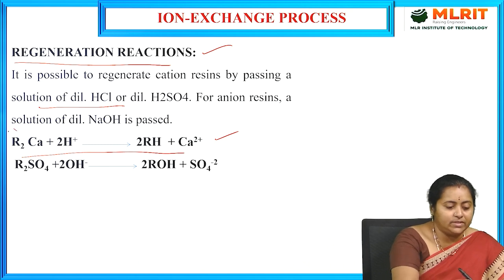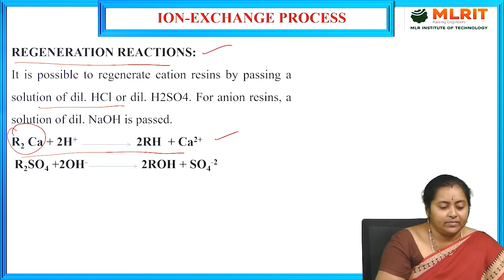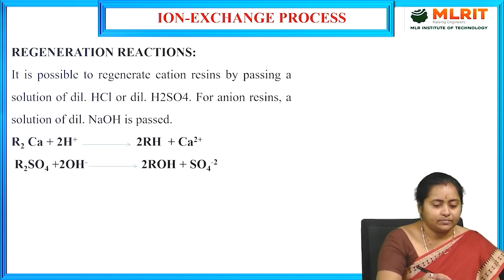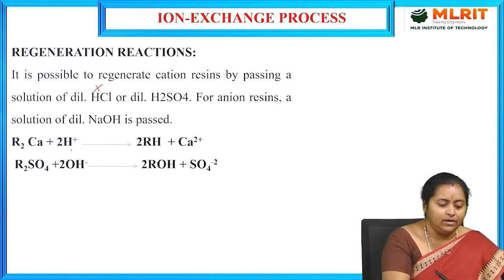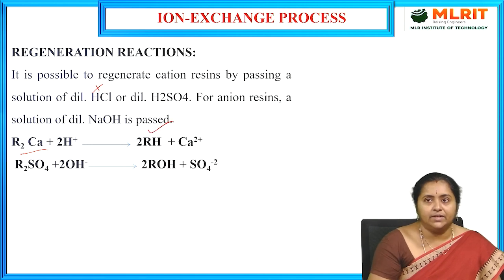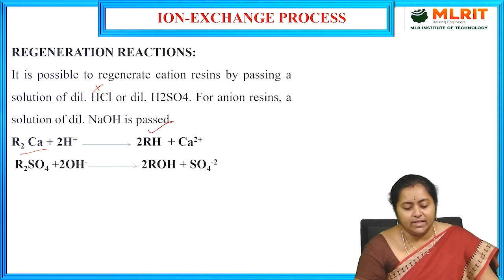In the washings we have R2Ca. In the reaction, I am adding dilute HCl, which dissociates to H plus and Cl minus ions. These H plus ions, 2 moles, combine with R2Ca. As a result, they convert back into cation exchange resin, that is RH.